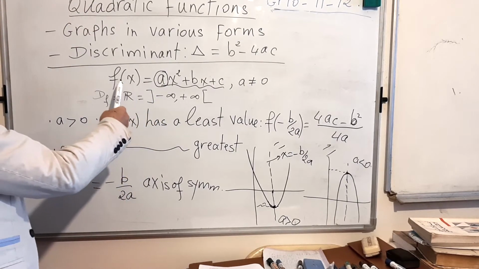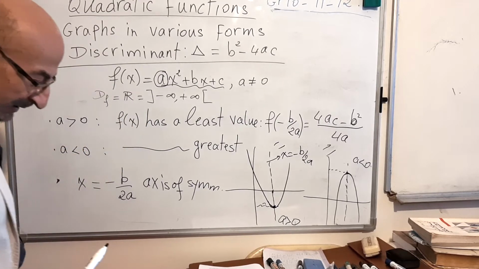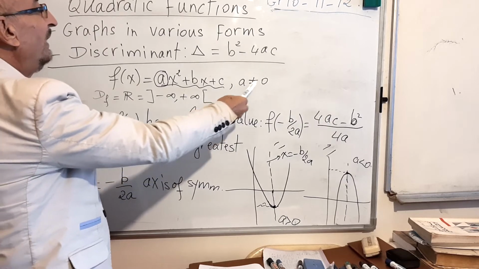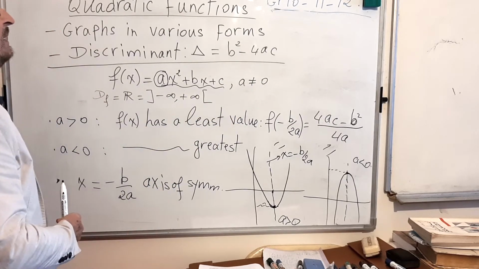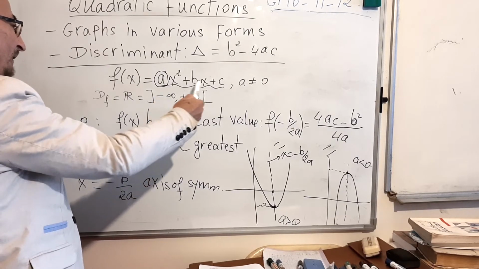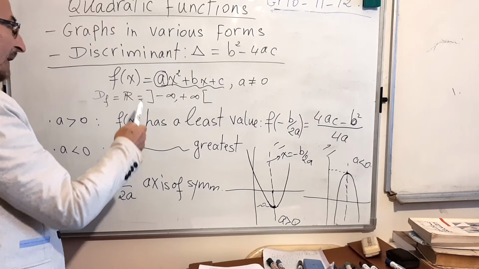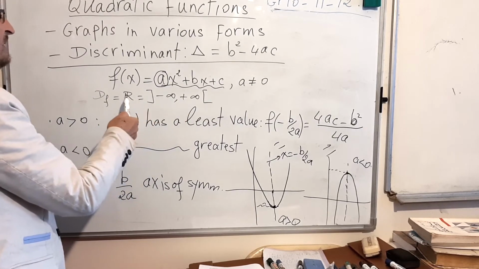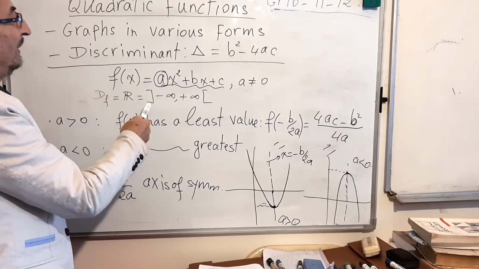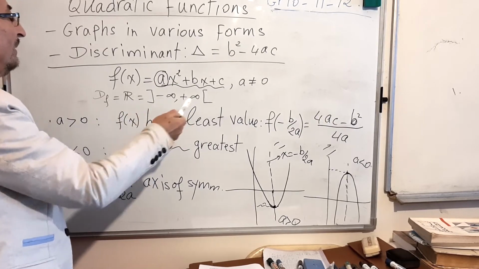We consider the function f of x equal ax2 plus bx plus c with a different than 0. We have a polynomial of degree 2. The domain of definition is the set R of real numbers, equal to the open interval minus infinity, plus infinity.